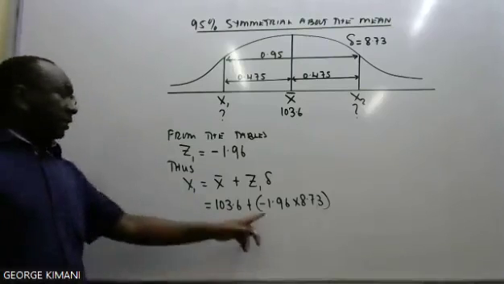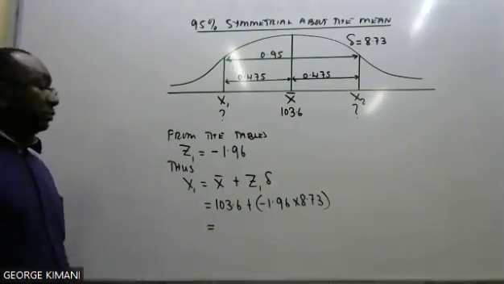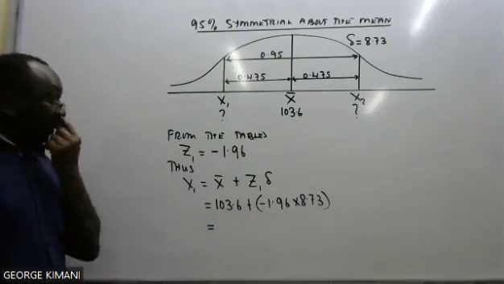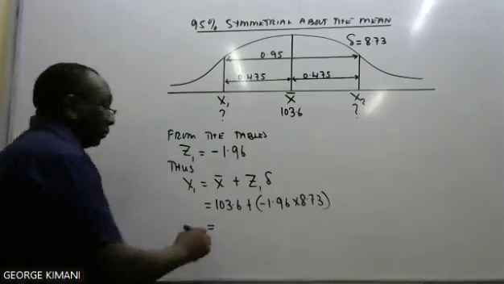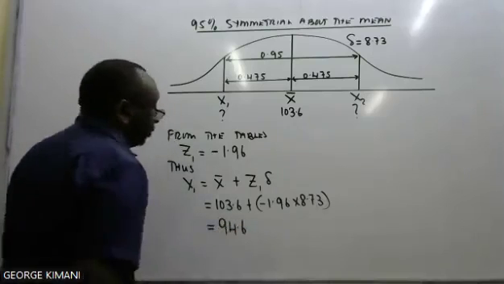It's a factor, this negative. That gives 94.6.